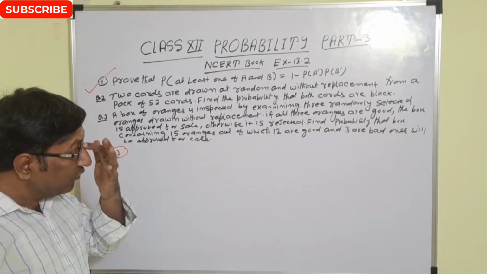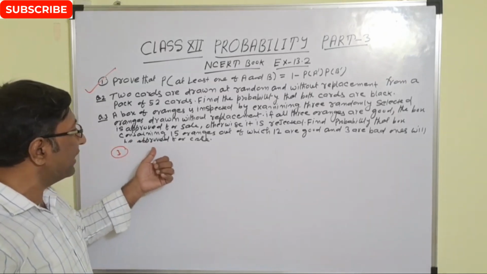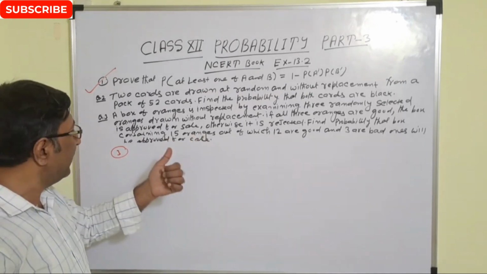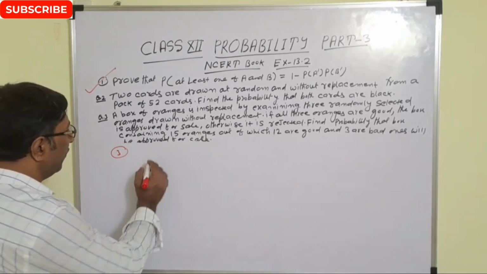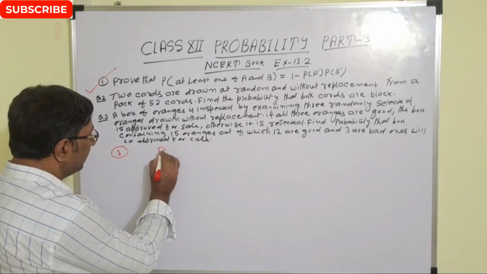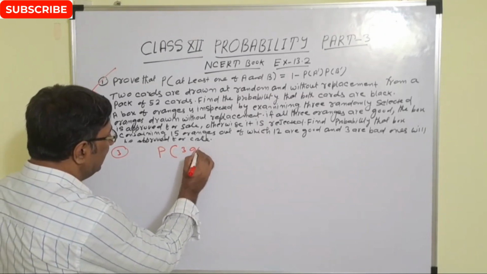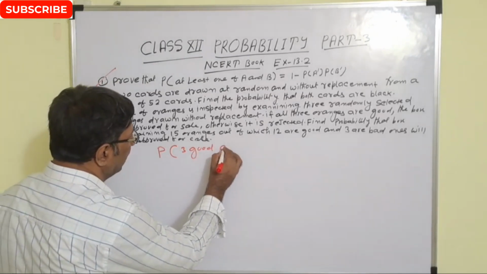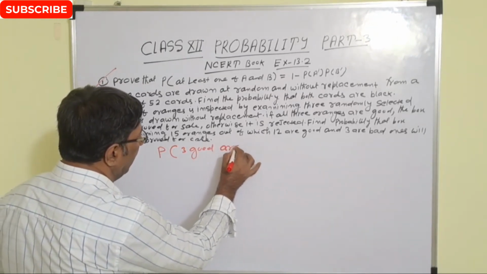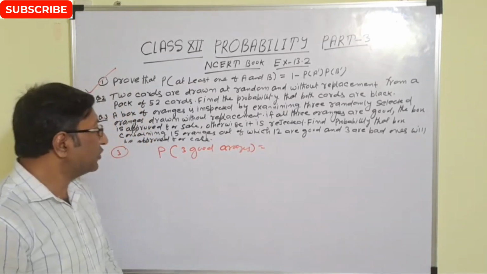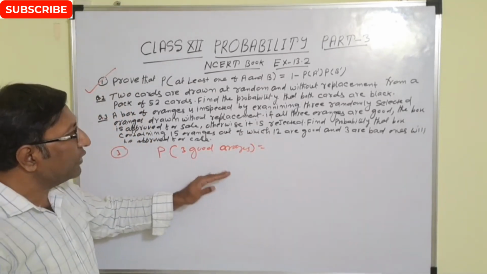So our question is to find the probability that a box containing 15 oranges, out of which 12 are good and 3 are bad, will be approved. So the probability of 3 good oranges, because if all oranges are good, then it will be approved for sale. So probability of 3 good oranges.